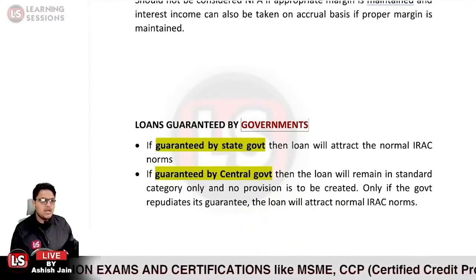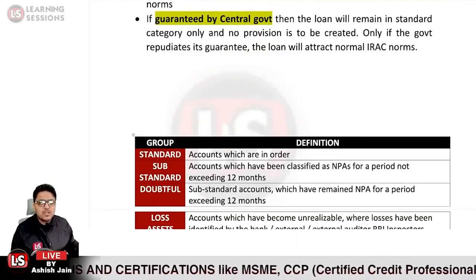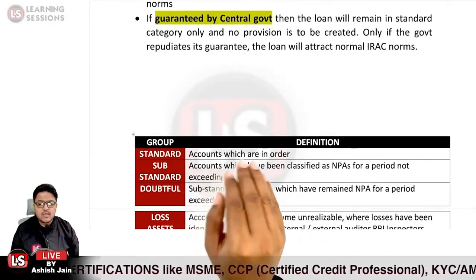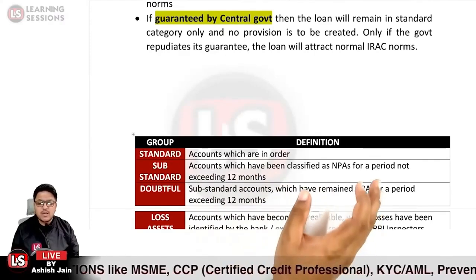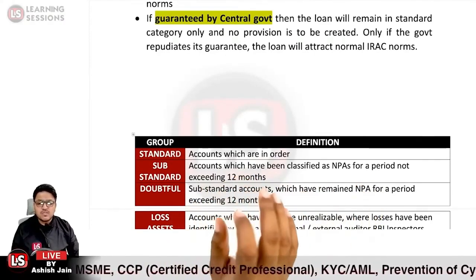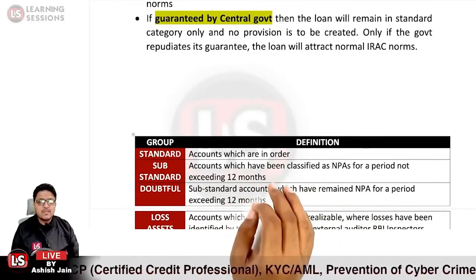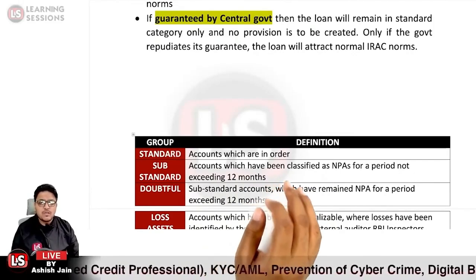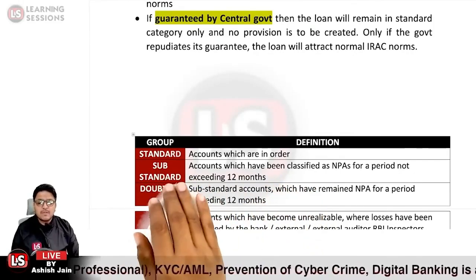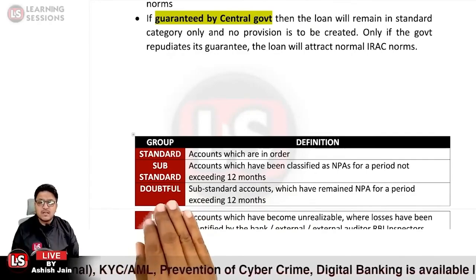Okay. Now let us have a look at this particular case. The standard assets are those assets which are in order, which are regular. Substandard assets are non-performing assets, and these will remain there for a period of 12 months, and after 12 months these will be classified as doubtful assets.